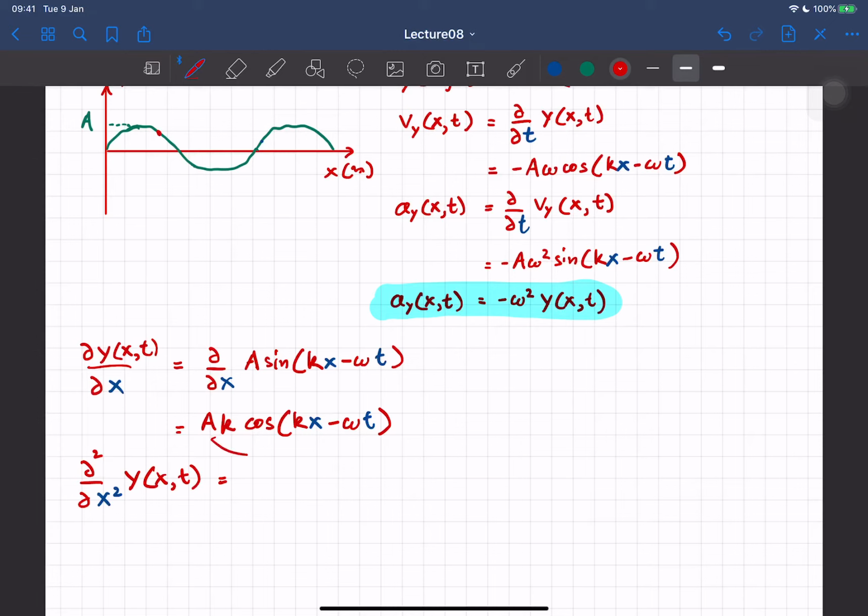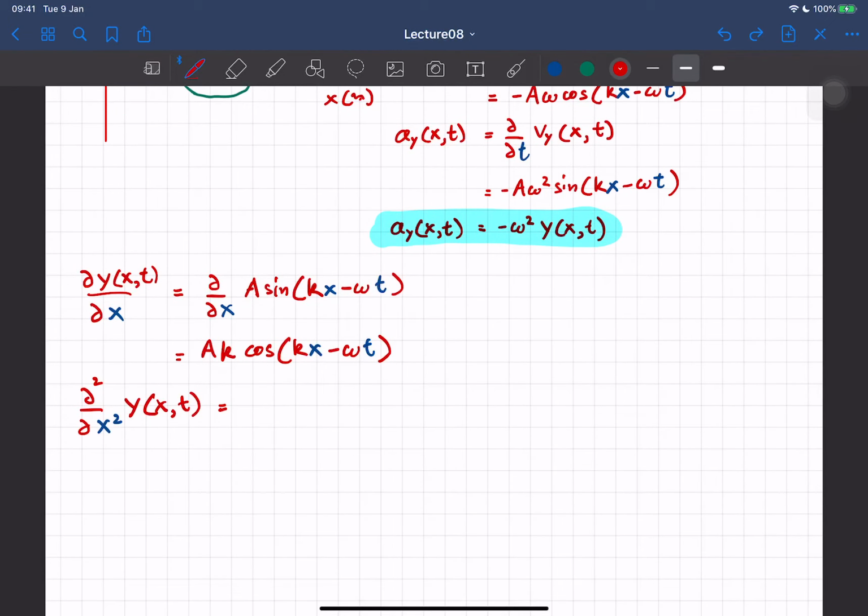Okay, so d by dx of this one more time. It's simple enough that I'm not gonna write out every small step, but please convince yourself that this is what you're gonna get in the end: minus a k squared sine(kx minus omega t), right? So that's what we have here.